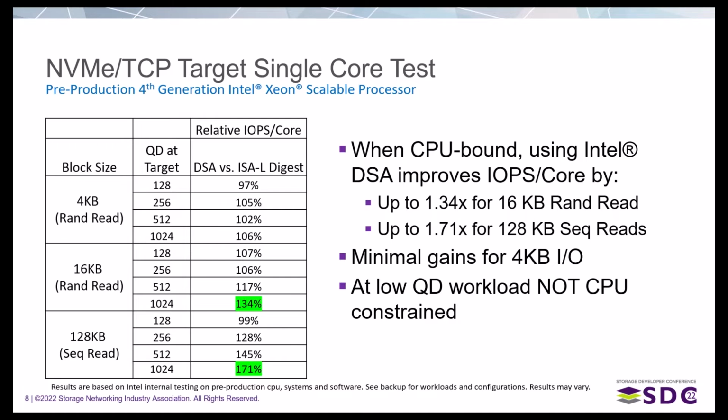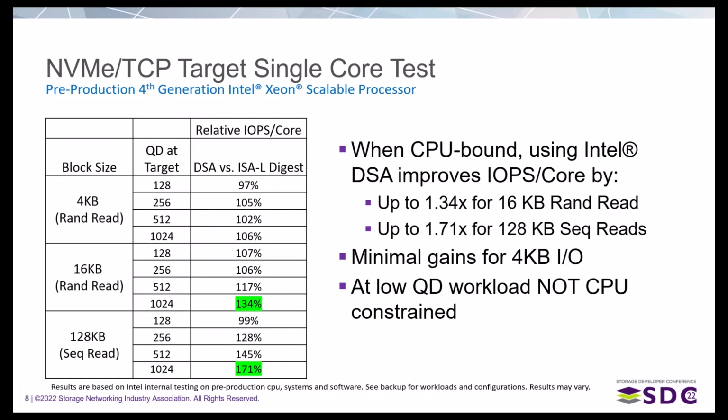So we measured the IOPS that we were getting on the target when it was using just a single core and calculating the digest using ISA-L. And then we also measured the IOPS that we were getting on the target side when we offloaded that CRC32C computation to DSA.